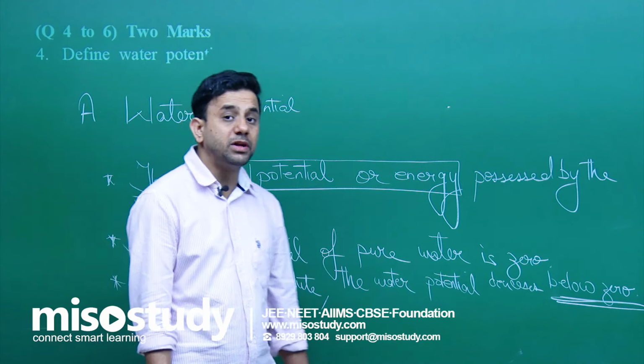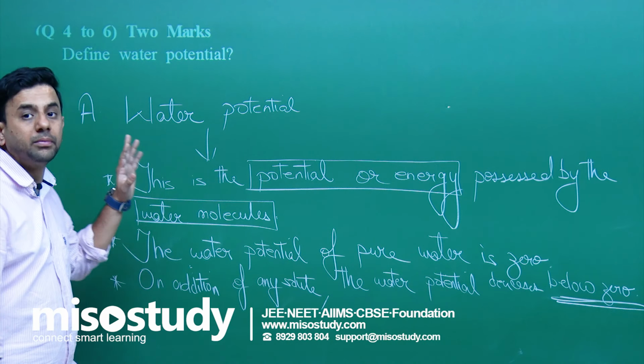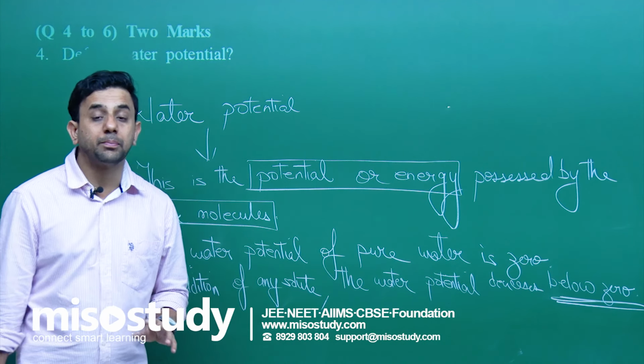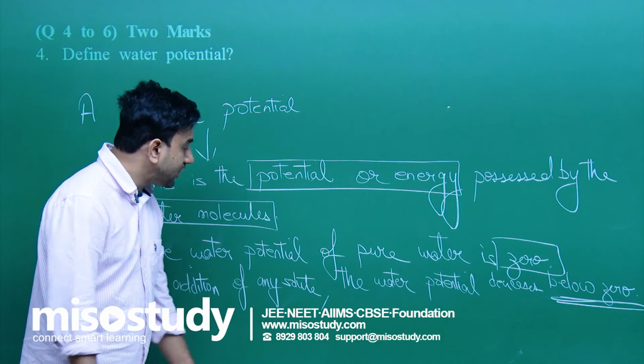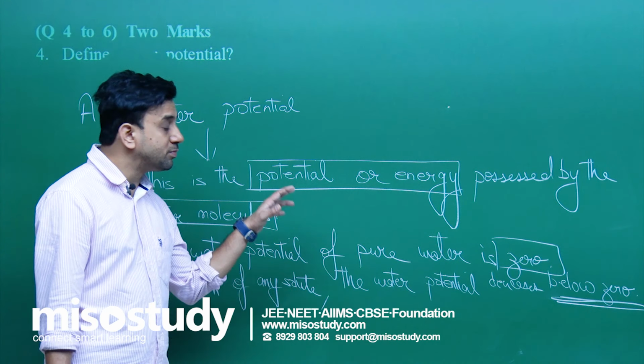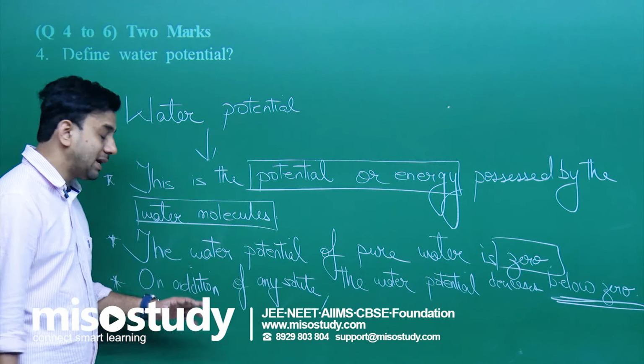Why? Because now some of the water molecules have been engaged by this solute, so the task which the water molecule can perform has reduced. That is why we say that the water potential of pure water is 0, and on addition of any solute the water potential decreases below 0, that is, it becomes negative.